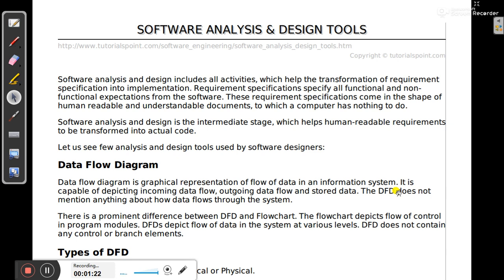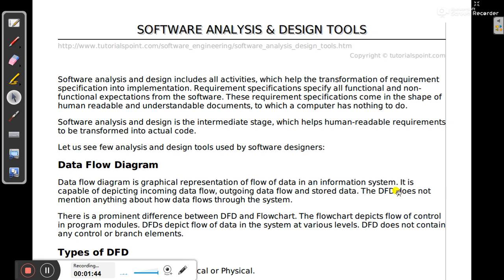Through this stage, it helps the human or any user through readable requirements, which are going to be transformed into actual code.